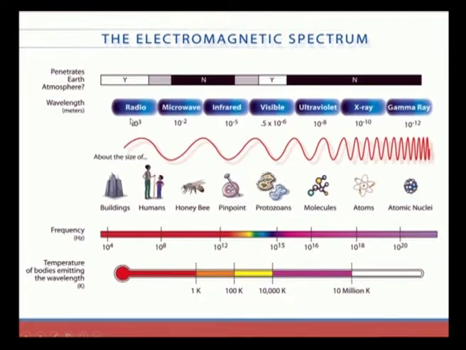So, these are the different waves that we can observe in the electromagnetic spectrum: radio wave, microwave, infrared wave, visible wave, and also ultraviolet or UV wave, X-ray and gamma ray.